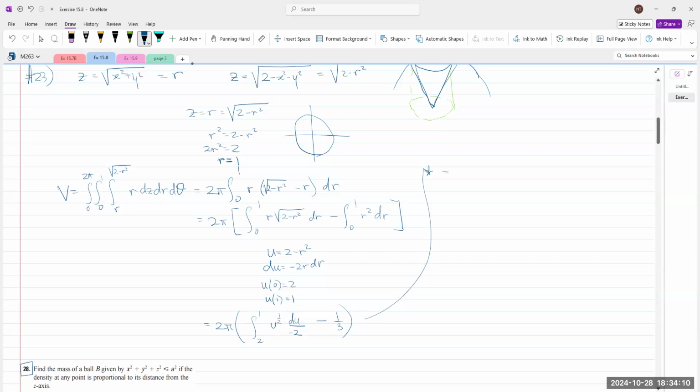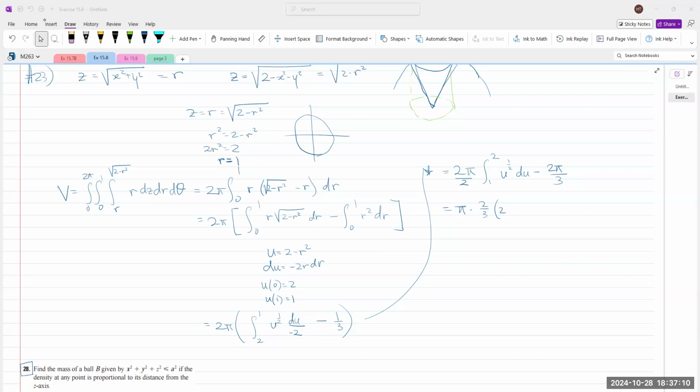So this equals 2 pi integral from 1 to 2, divided by 2, of u to the power of 1/2 du minus 2 pi over 3. Okay, this will be 2/3.